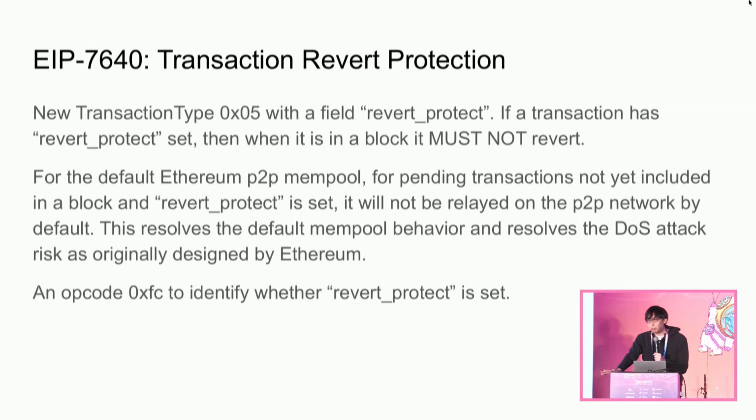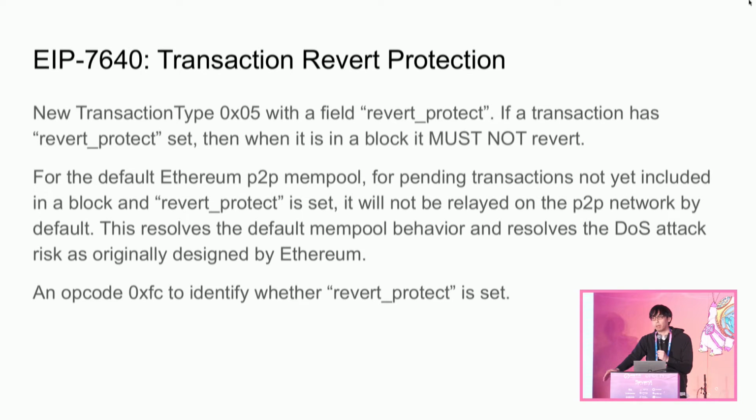So here's the proposal. It's incredibly simple. It's not a lot of lines of code. It's simply a new transaction type proposed in Ethereum, a hard fork core consensus change. And it's simply having a field called revert protect. And if a transaction has revert protect set, then it cannot be included in a block.